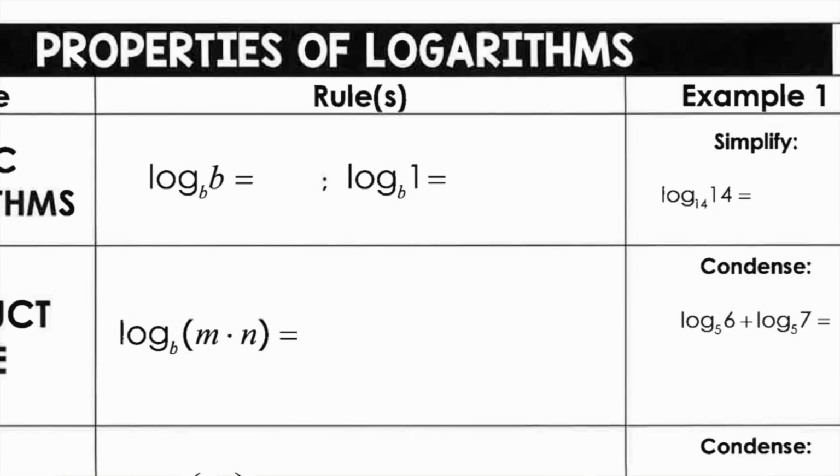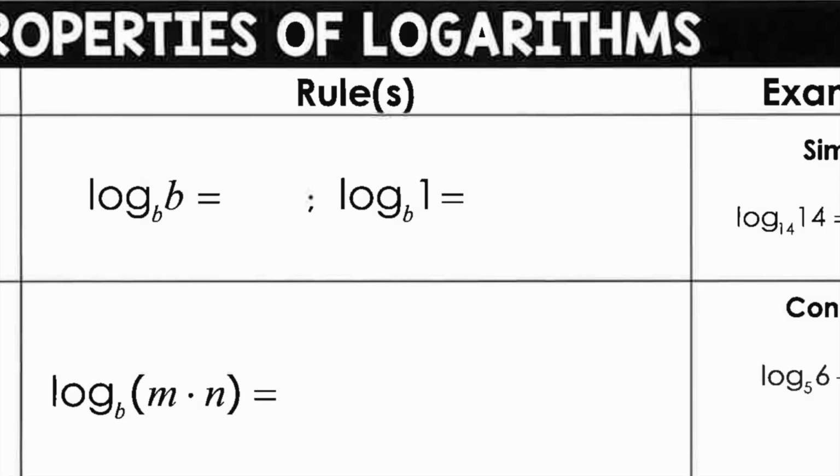So basic logarithms, log base b of b is just 1. That's just saying essentially b to the power of 1 equals b, because we're always saying what power do we raise a base to get what we have the log of? And so if you have the base and this number are the same, the answer is 1.